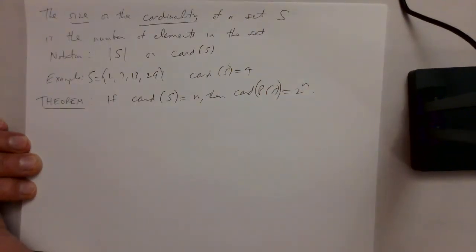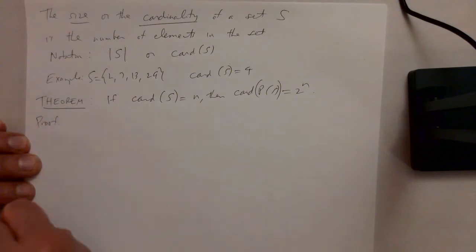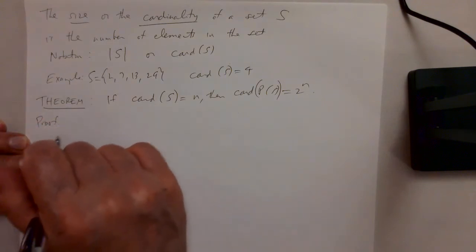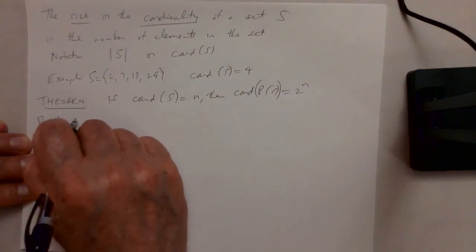So we already saw examples of that for n equal 1, 2, and 3. And we want to prove this is true in general. We don't have a lot of methods of proof at our disposal. One method is mathematical induction.